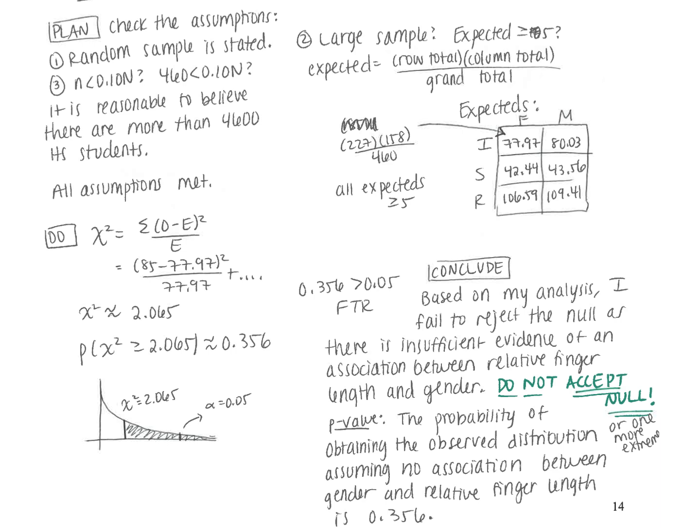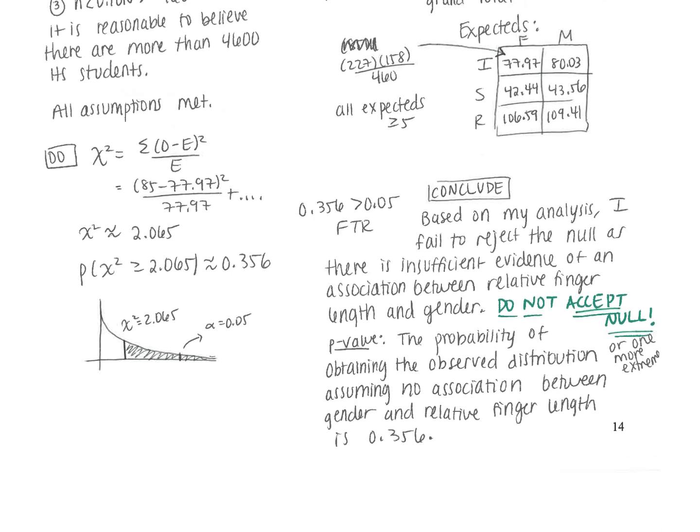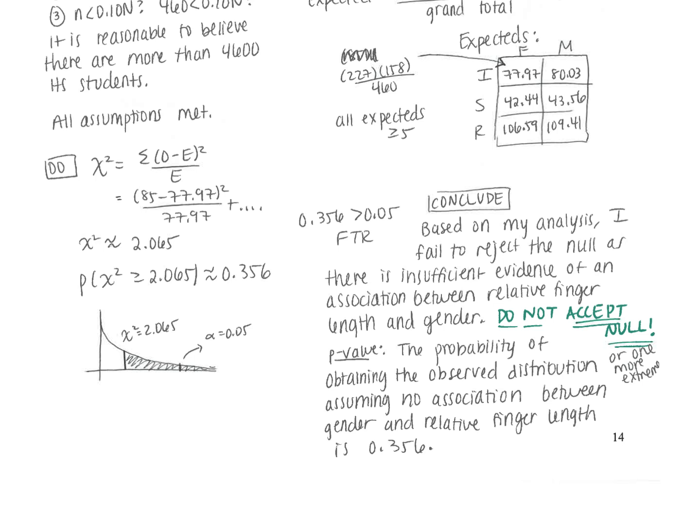If you fail to reject the null, it's because we do not have enough evidence for the alternative. And then the p-value, I worded a little bit differently, but you should have said something like, assuming no association between gender and finger length, 0.356 is the probability of the observed distribution, or one more extreme, by chance.